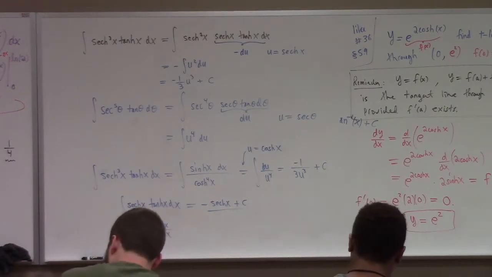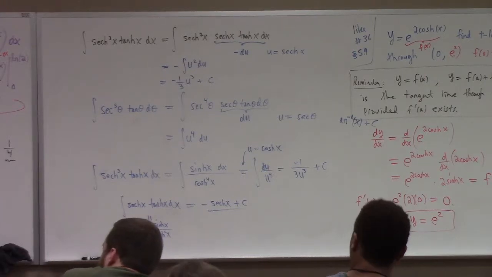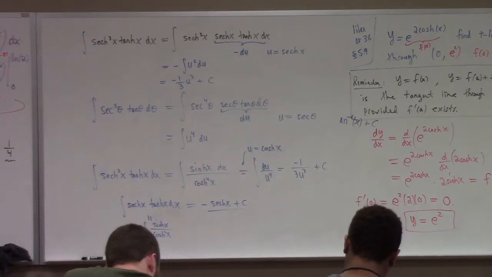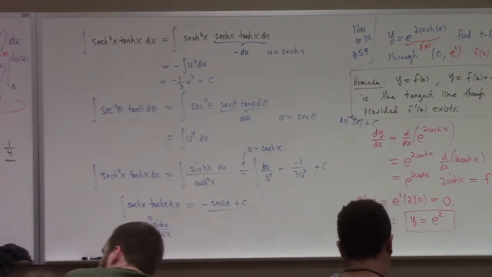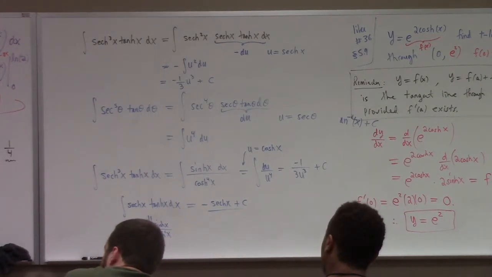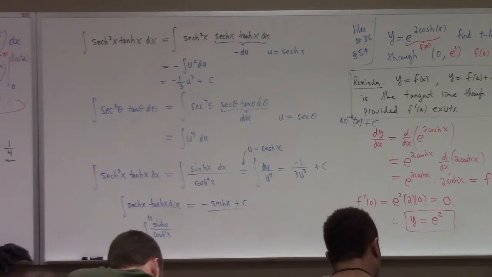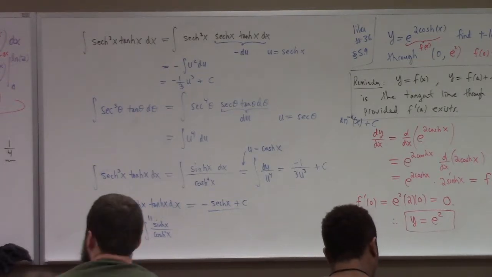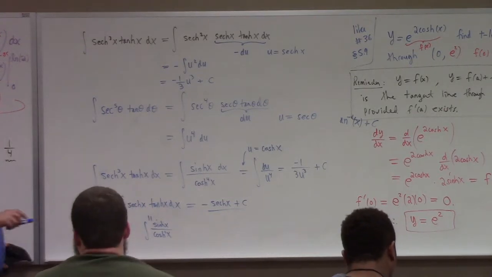Do both. I think I am just a machine to do your homework. Let's see here. What was that? 52. Ooh, solve the differential equation. Well, that looks fun. I probably should talk about that. We'll get back to yours.